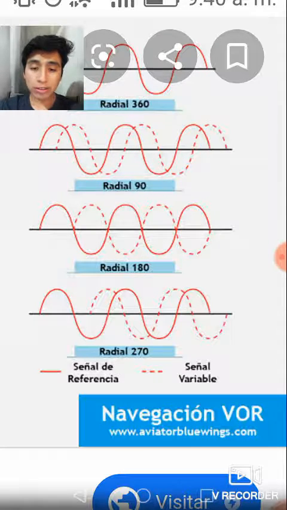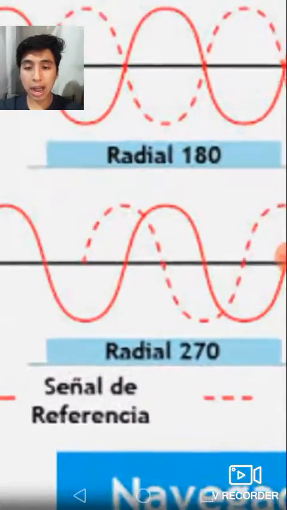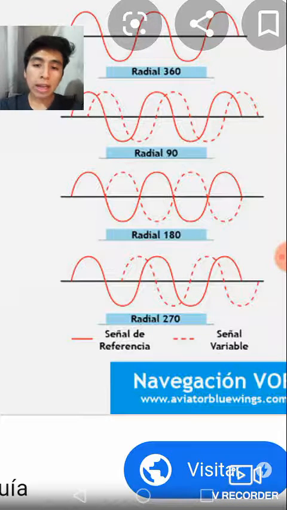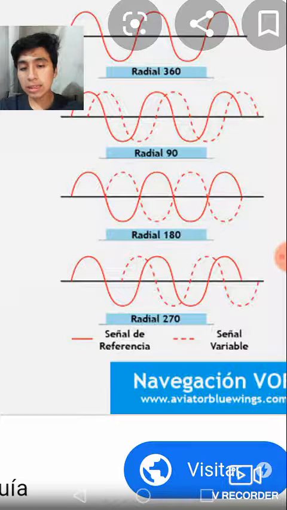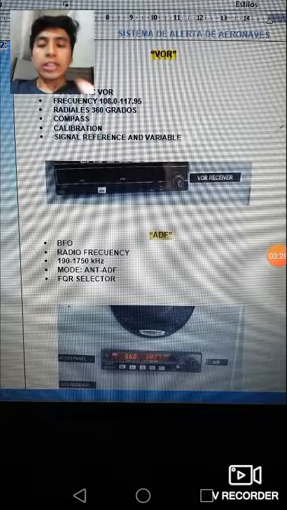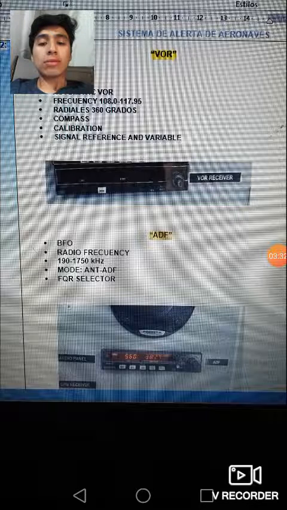And so the only variable signal is this, the curve, which has a curve and is displaced a little, little spaces.